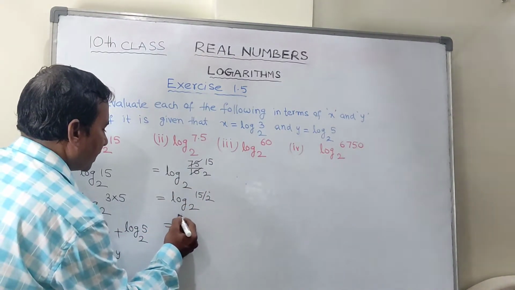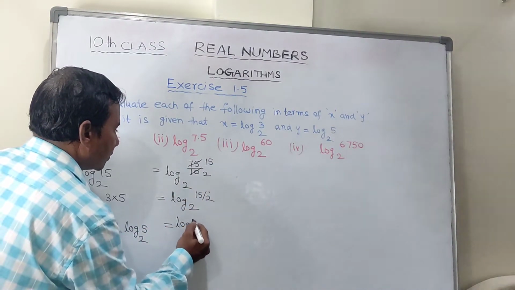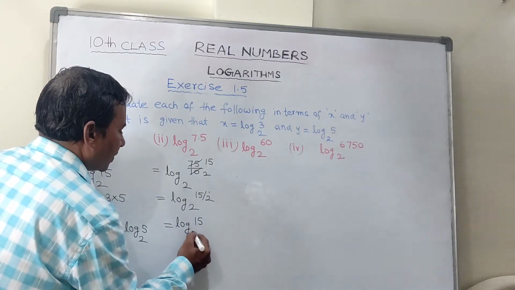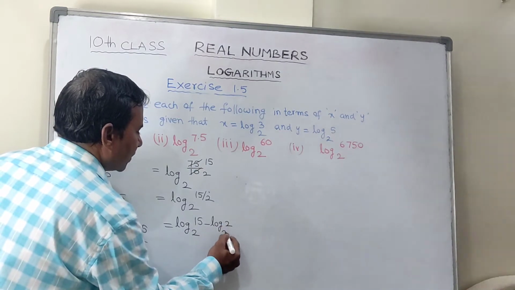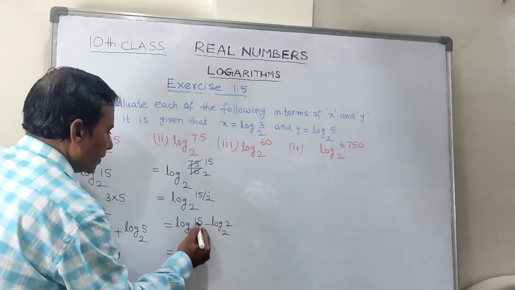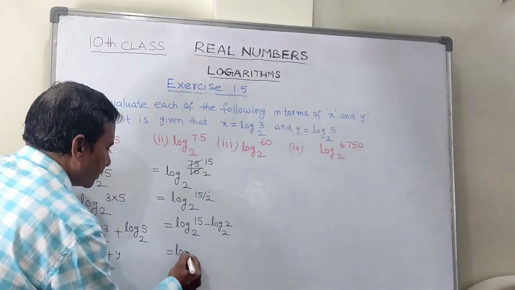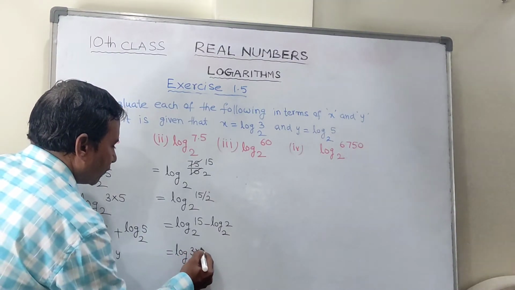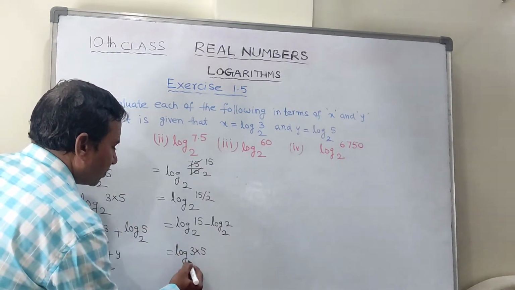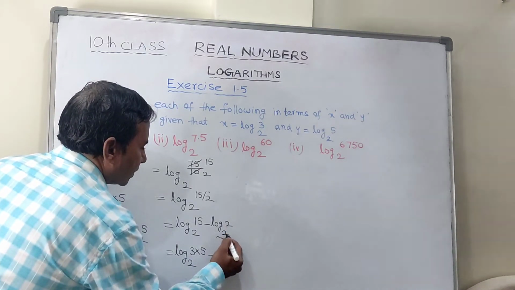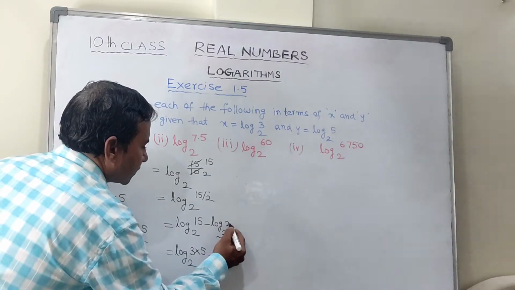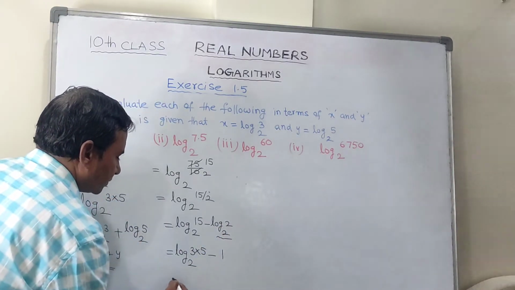So if you divide, it becomes log 15 to the base 2 minus log 2 to the base 2. Again 15 you can write as 3 into 5 like the previous problem, to the base 2, and here the exponent and base are the same, log 2 to the same base, the value is 1.